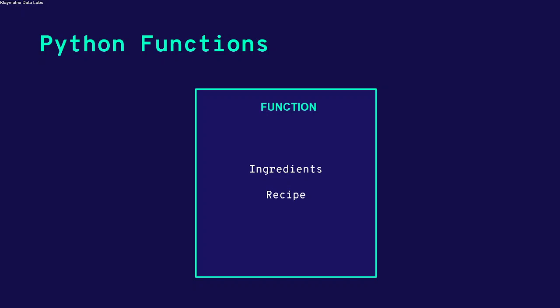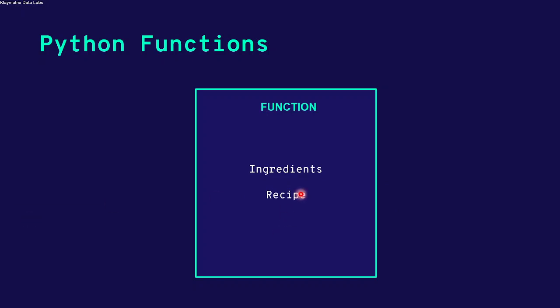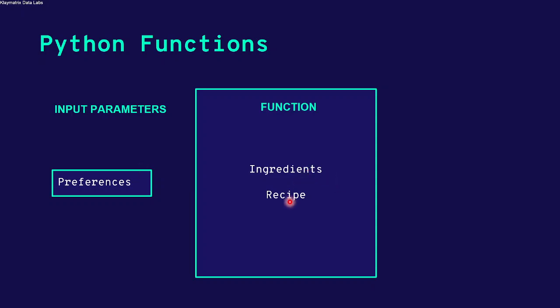So what do you need to make a cup of tea? You need some ingredients, and then you need a recipe, right? Now, in this way of making tea, you can pass some preferences into this function, which already has ingredients and recipe. So the preference becomes your input parameter or input parameters.